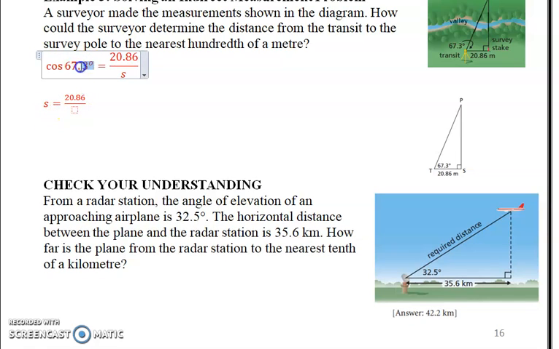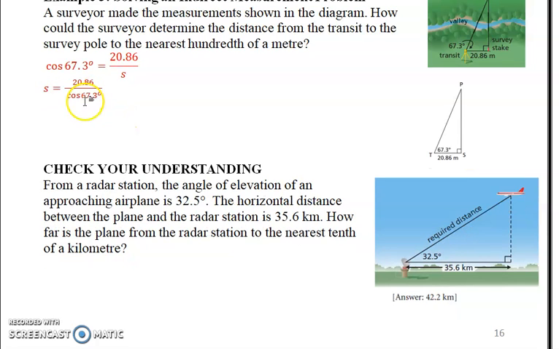Then the denominator is going to be cos of 67.3 degrees. So we calculate that now: 20.86 divided by, open up your bracket, cosine 67.3, close your bracket, hit enter, and end up with 54.